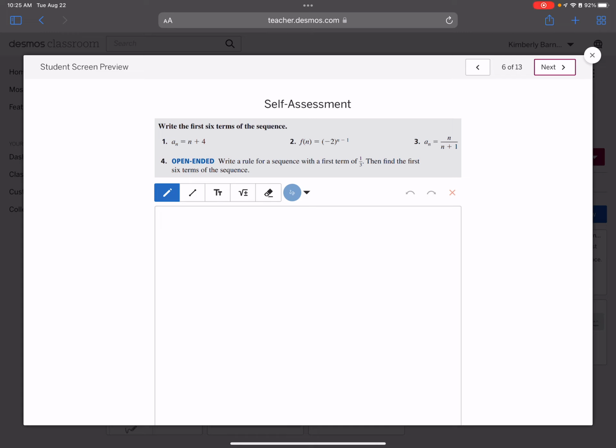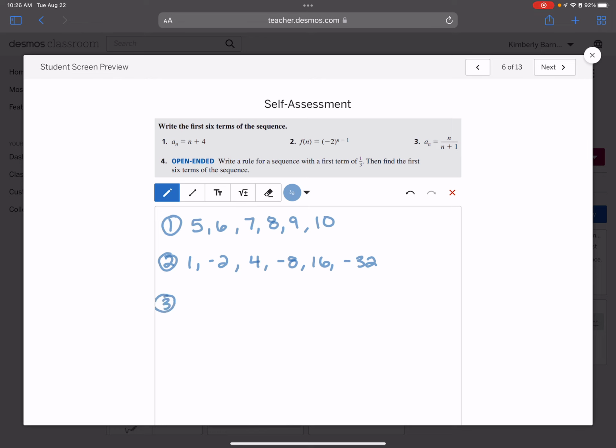All right, so you should have worked independently on the self-assessment problem. For number 1, a sub n equals n plus 4, your first 6 terms should have been 5, 6, 7, 8, 9, 10. Number 2, your first 6 terms should have been 1, negative 2, 4, negative 8, 16, and negative 32.